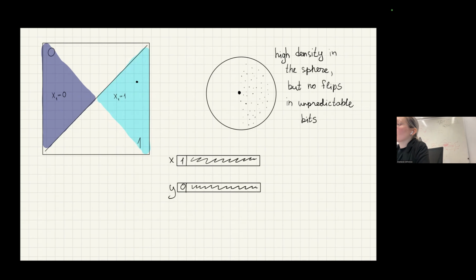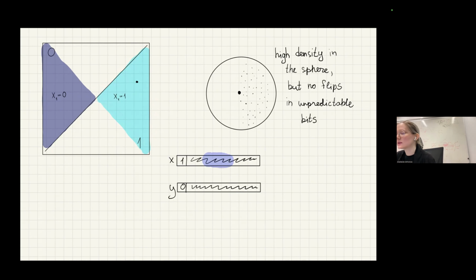Okay. So what we wanted to do to find the K-limit is to do some flip inside unpredictable bits. Well, this set is large, and it certainly has a lot of unpredictability. In fact, any subset of bits that doesn't intersect with the first one is unpredictable.